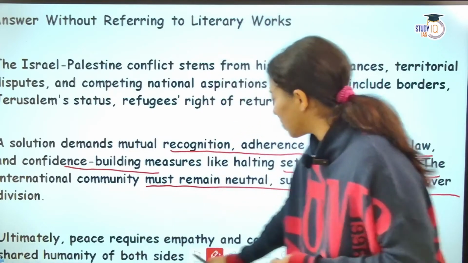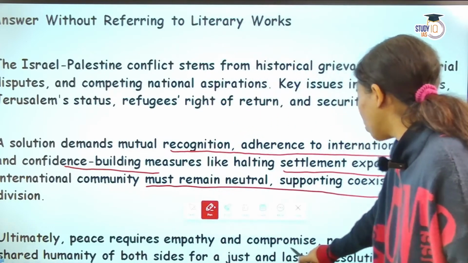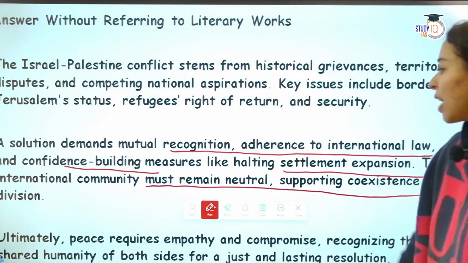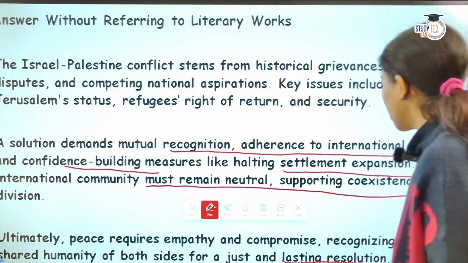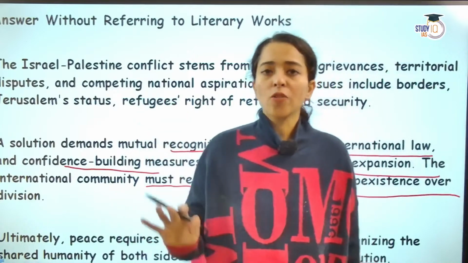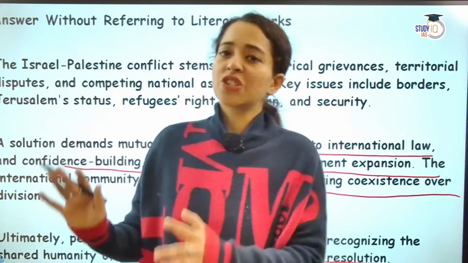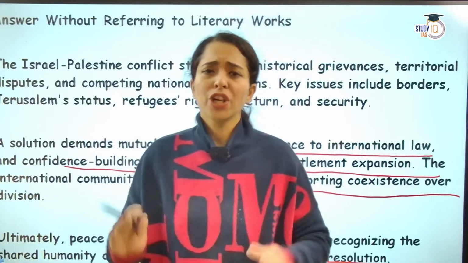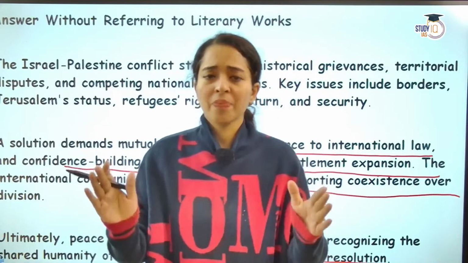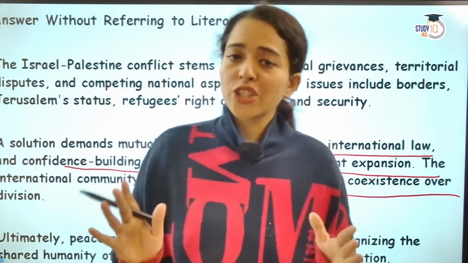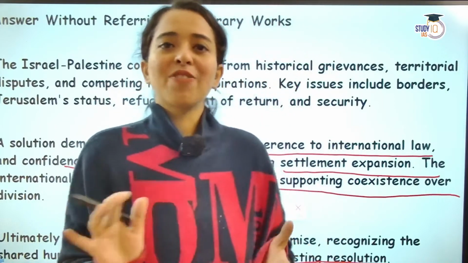Now, ultimately, peace requires empathy and compromise, recognizing the shared humanity of both sides for a just and lasting resolution. This is the kind of answer you're giving regarding the Israel-Palestine conflict: a generic, good answer, which will fetch you marks. But what is the level of empathy?